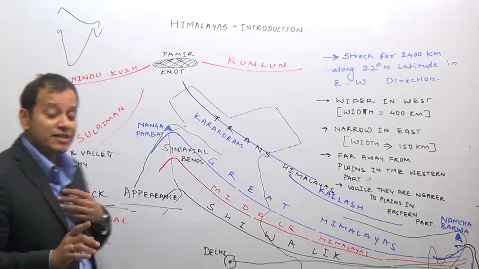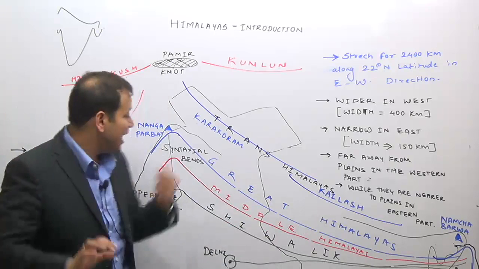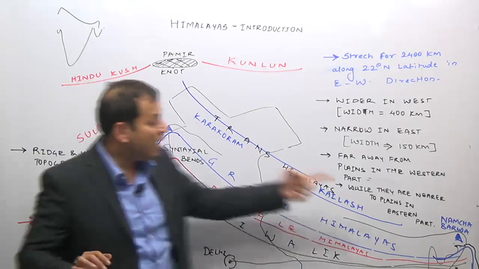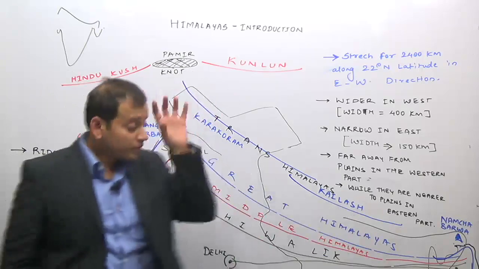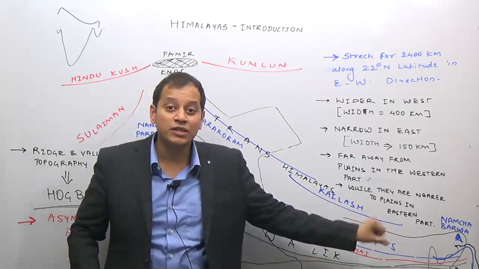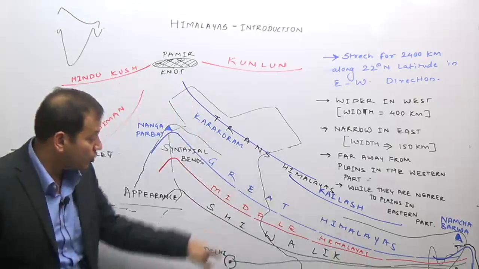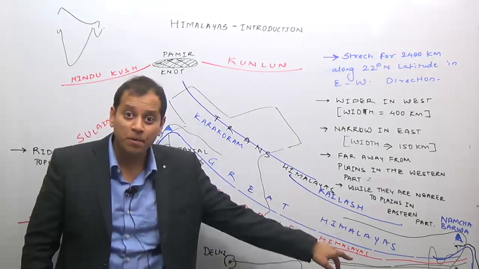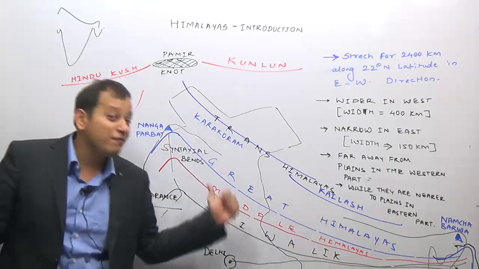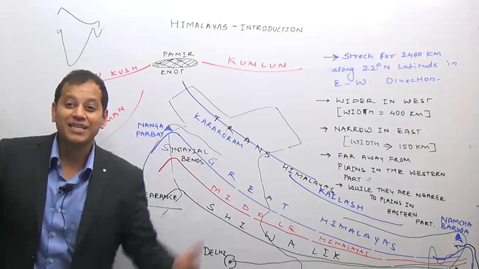The syntaxial bends are represented by Nanga Parbat in the west and Namcha Barwa in the east. The Himalayas are wider in the western part, while they are very close in the eastern part. They are more close to the plains and more close to the Tropic of Cancer in the eastern part, while they are far away from the plains and far away from the Tropic of Cancer in the western part.